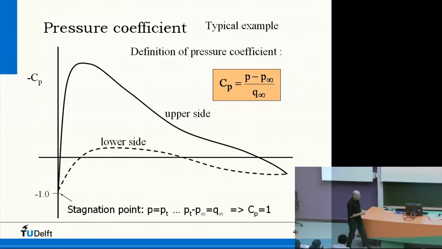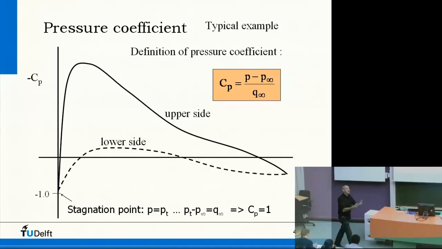Right? So if we look at Bernoulli's law, P plus half rho v squared is constant. This constant is called the total pressure, PT. And if this v squared is 0, then we have P is PT, which means that the P here, when the CP is 1, is the total pressure.